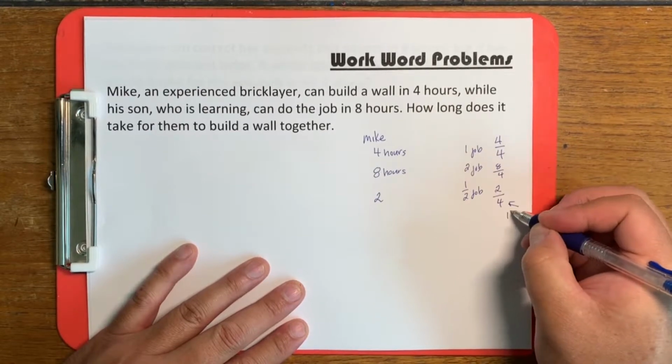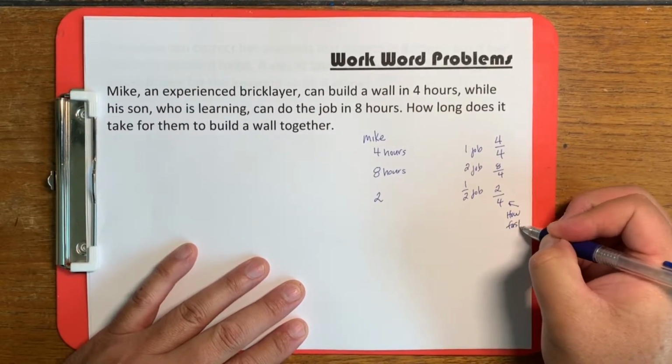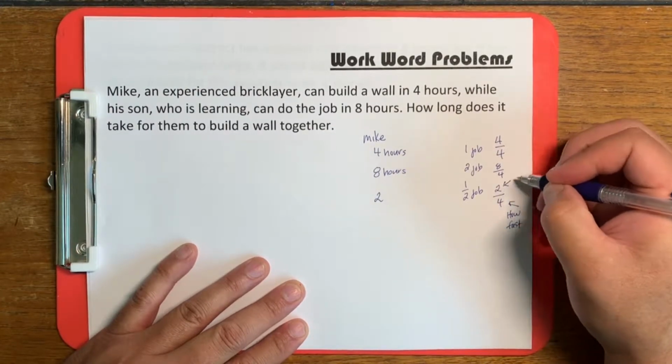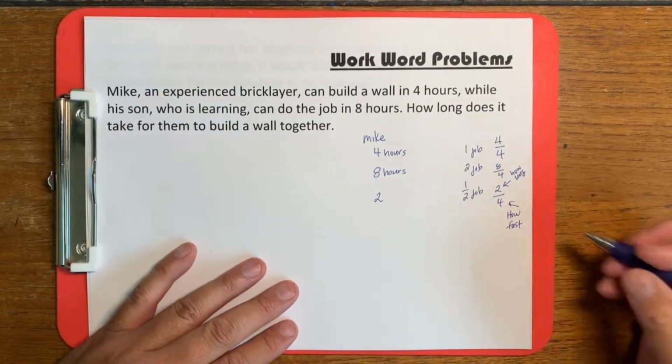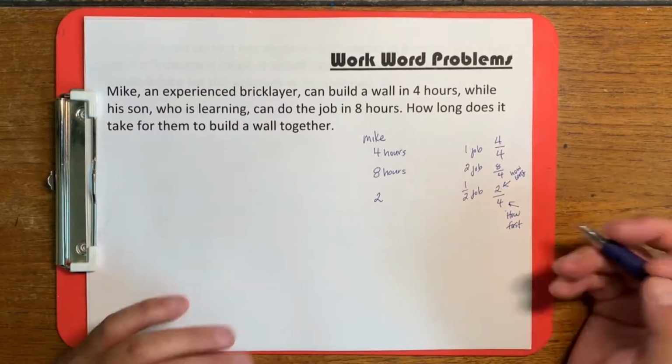So the 4 is how fast, and the 2 is how long in terms of time. How long did he work? How fast does he work?